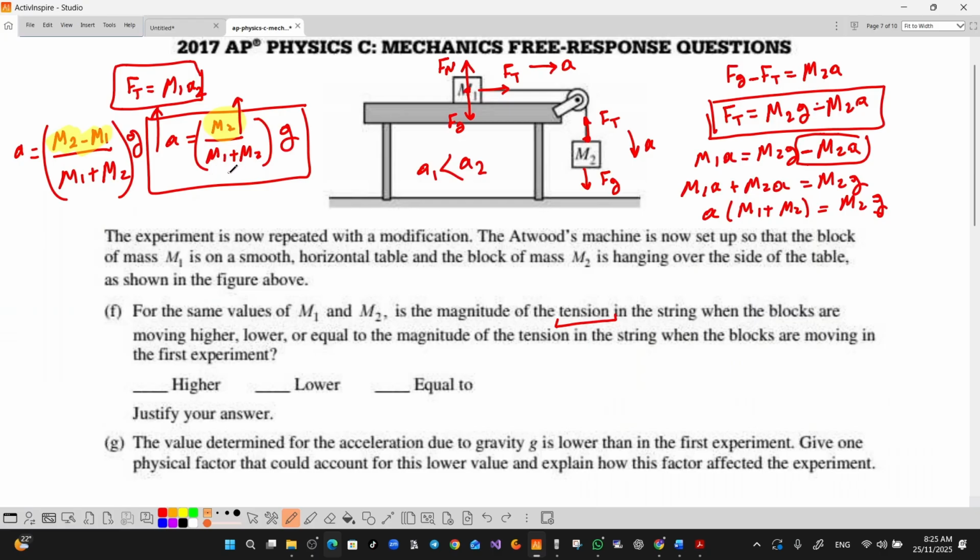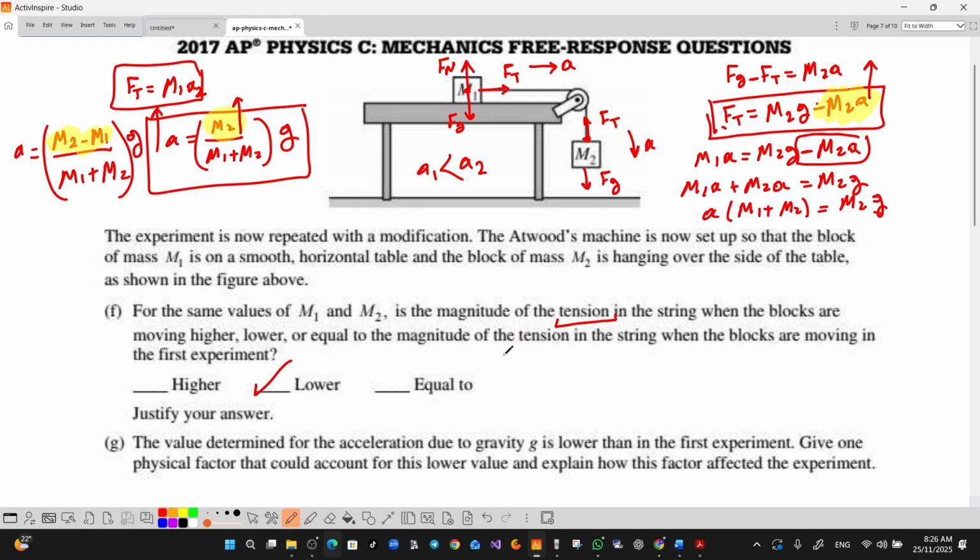From this result, we can say that this part in the equation will be higher, which means the net of this difference will be less and the tension will be lower. So we can say that the tension will be lower. And how can we justify this?